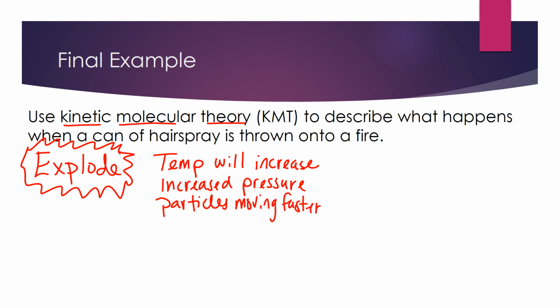Now, if the pressure inside the can builds up enough, the pressure will be stronger than the walls of the can, and the can will burst, and you will get your explosion. So whenever we're asked to explain something using kinetic molecular theory, you have to talk about the motion of the particles and how changing different factors affects it.